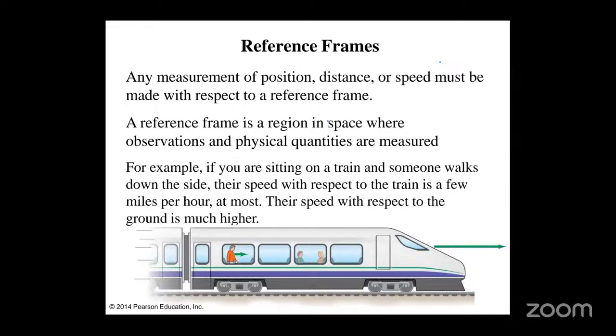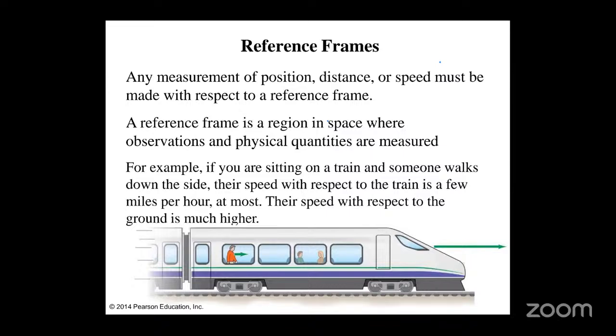So reference frame is telling us that the point where you start your measurement should be considered as your reference point, which is your origin. So a reference frame is a region in space where observations and physical quantities are measured.